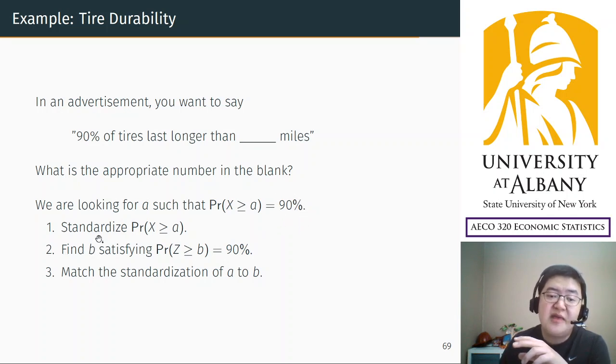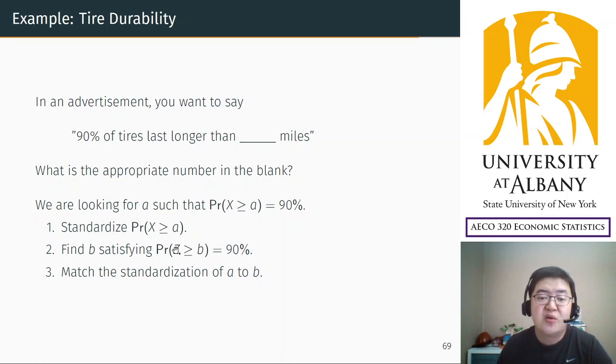So find B, the value B, that satisfies the same structure probability equation with Z, the standard normal distribution. And then finally, we are going to match these two equations and obtain A.